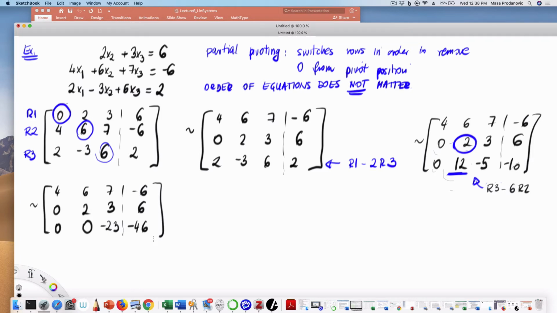And now we're doing the back substitution. So my last one, minus 23 x3 is minus 46. So x3 is equal to 2. 2 times x2 plus 3 times 2 is equal to 6. x2 is equal to 0.